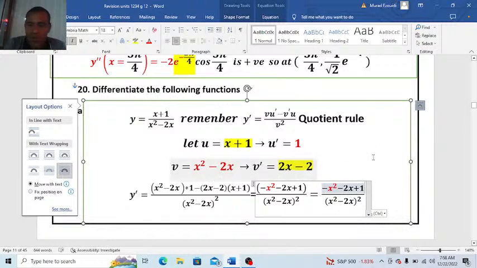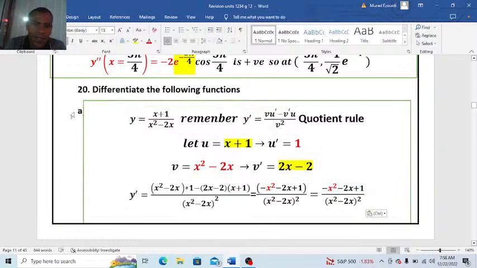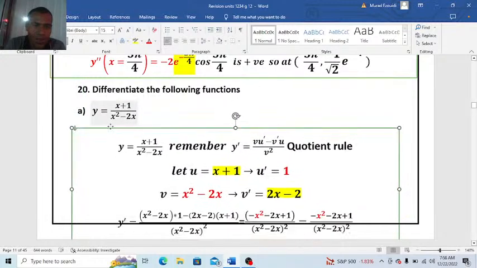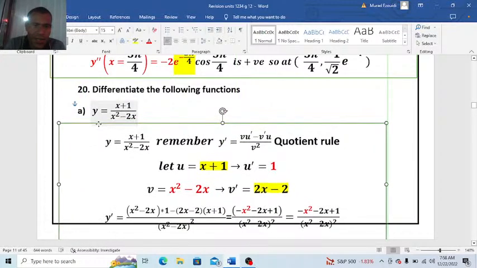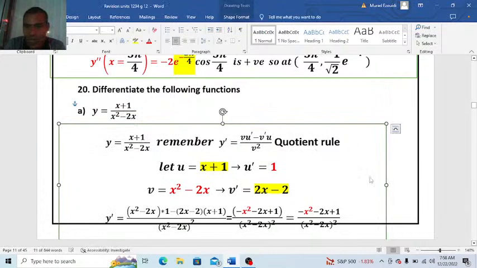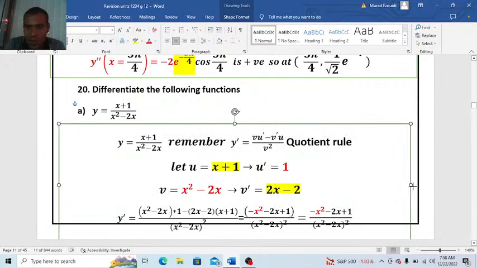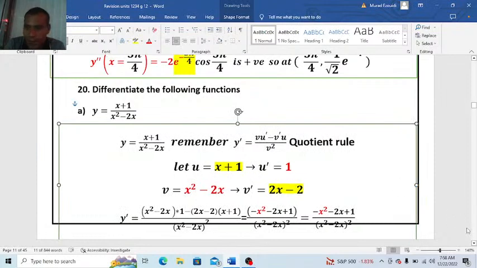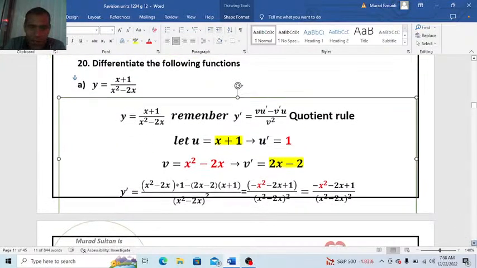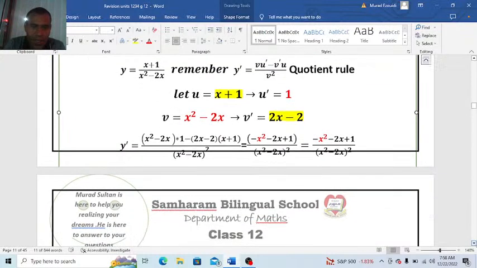This is for the first example, small a. This is the answer. How can you differentiate using the quotient rule? I wish it clear for you, learners. I will extend this one so you can see it.